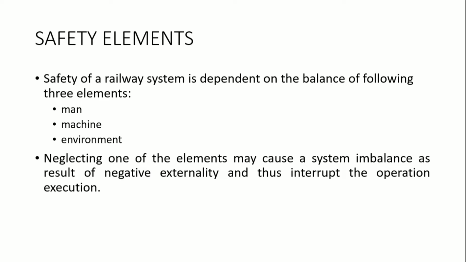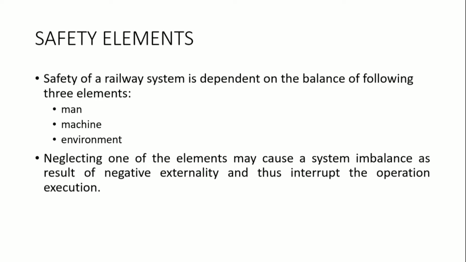So basically there are three safety elements that we need to know. Safety of a railway system is dependent on a balance of the following three elements. The first one is the man or human, second is the machine, and third is the environment.